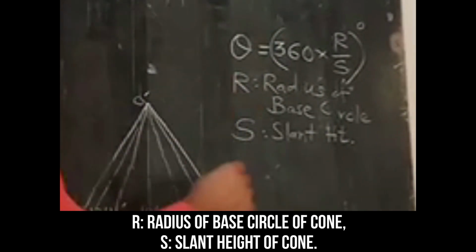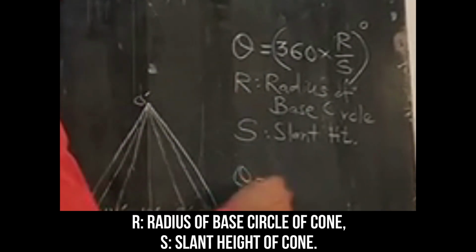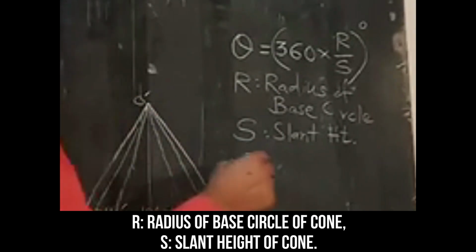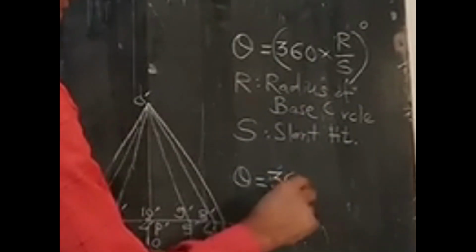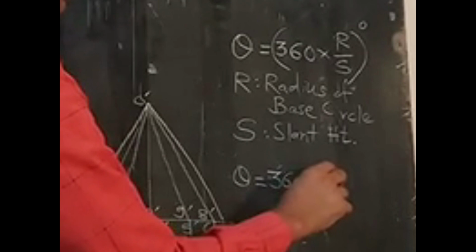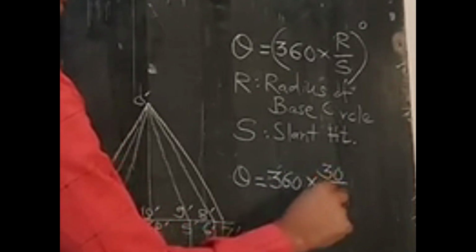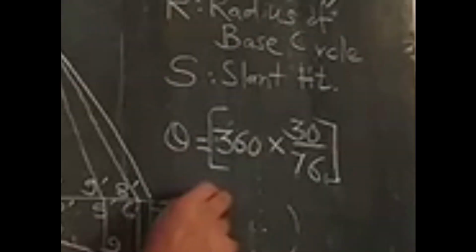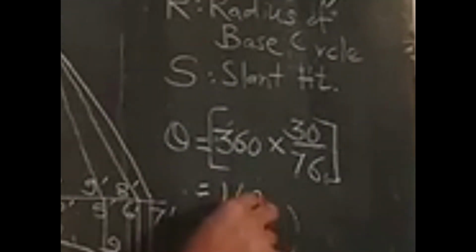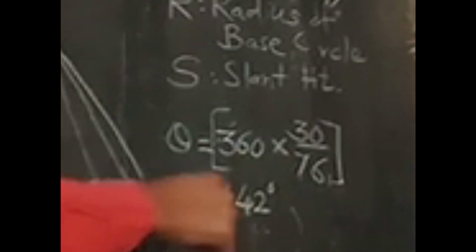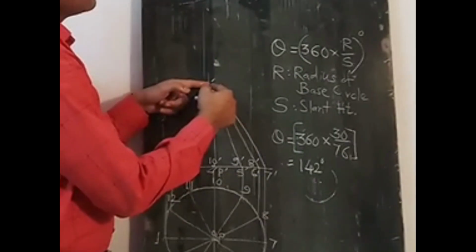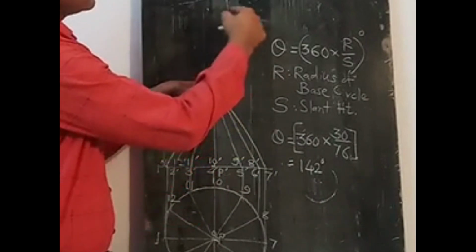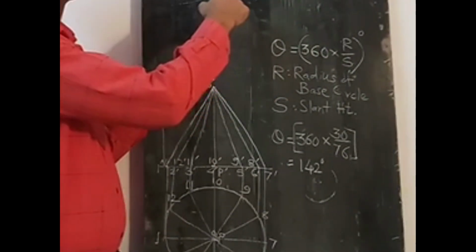So the angle theta will be 360 times the base radius 30 over the slant height. If you measure this slant height, it comes out to be around 76, giving 142 degrees. So we have to measure an angle of 142 degrees and then draw that sector of a circle.